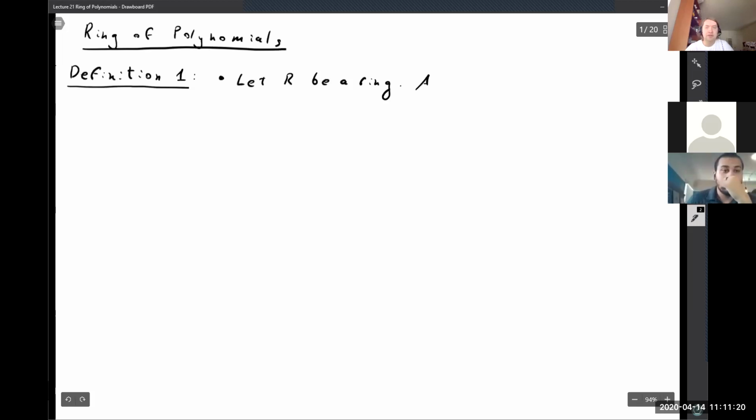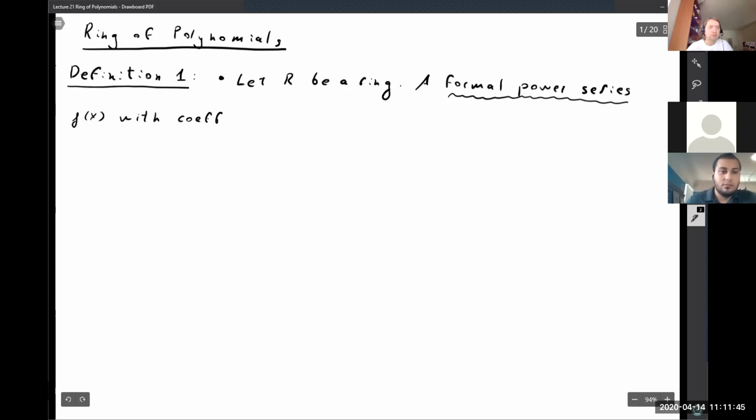Then we say that a formal power series f of x with coefficients in R is an infinite formal sum, written as follows.